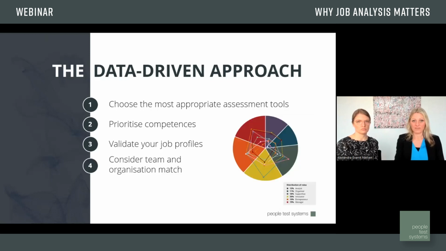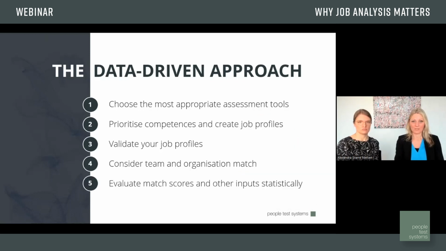So validate your job profile, and then consider the team and organization match. Have a look at the team, make sure that you know what the candidate that you're bringing into this team, what is the value, how does the team look today, and what could be potential conflicts, and so on. Use a data-driven approach to also consider the team and the organization match.